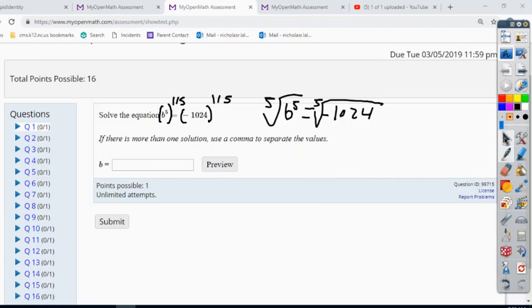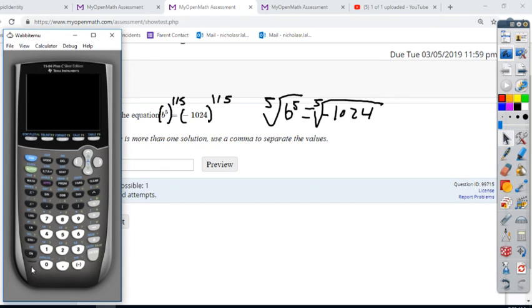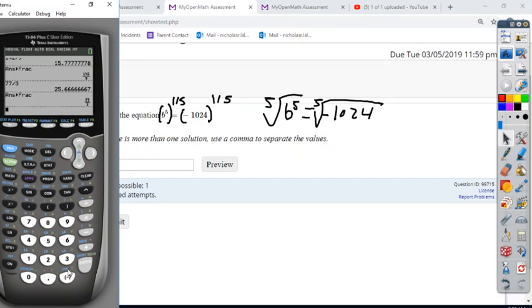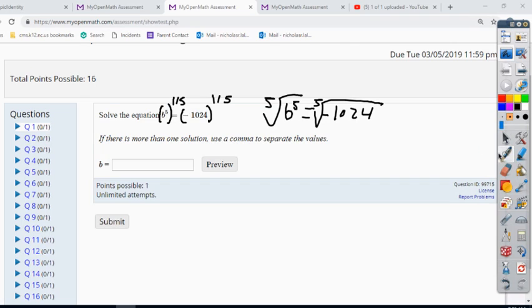So, anyways, this is where I'll prove it to you with the calculator: negative, I'll put this all in parentheses, negative 1024 raised to the 1/5 power, that's equal to negative 4. So b is equal to negative 4.